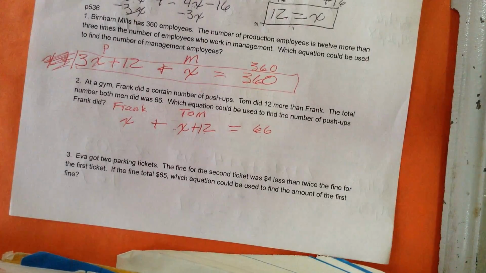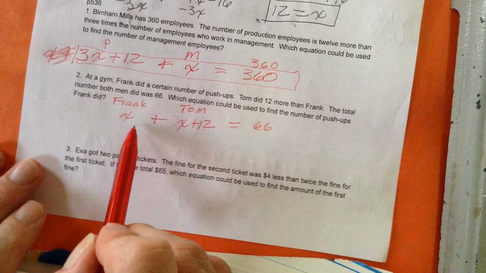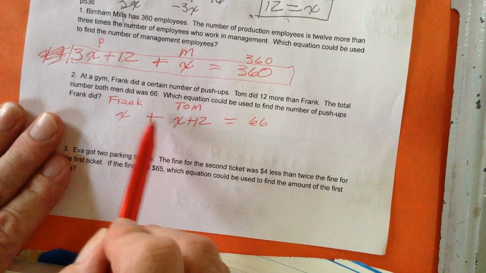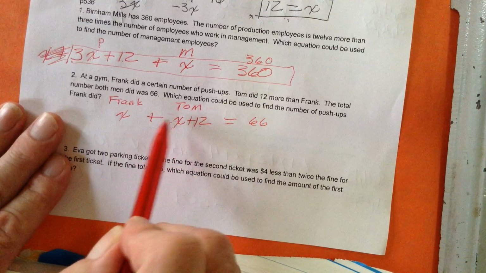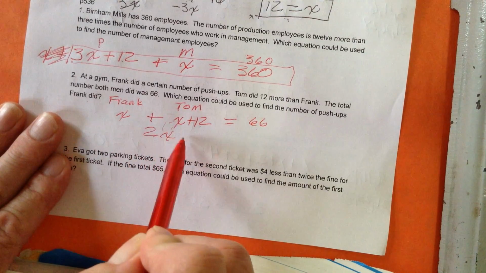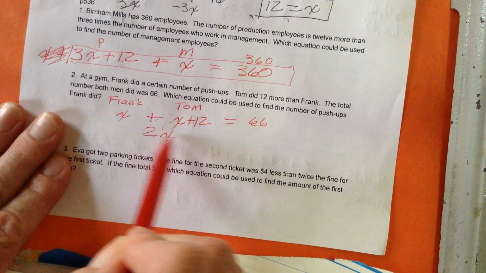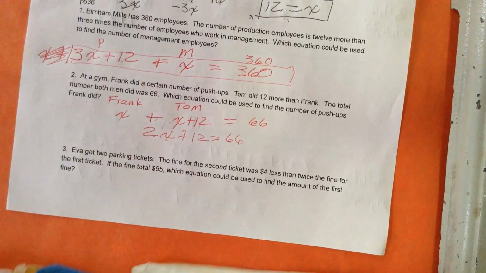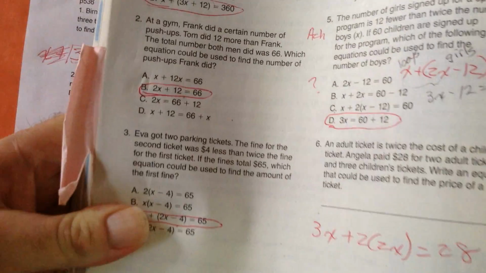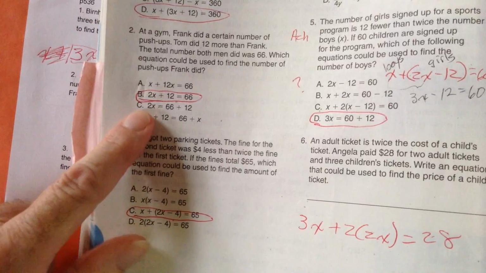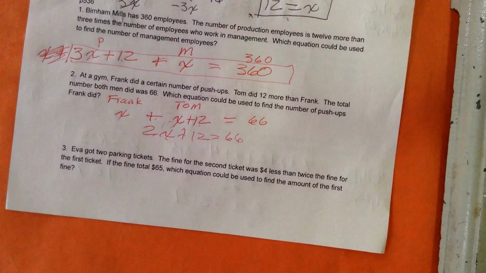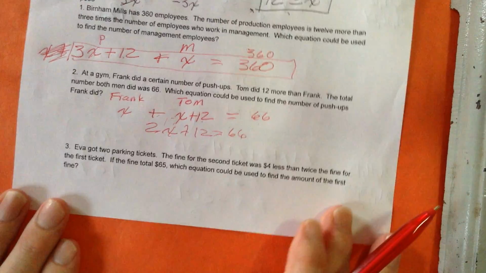Well, you have to remember from lesson, I think it was 57 or 58, you can combine these two like terms. x plus x, that's 2x, plus 12 equals 66. So that would make letter B here the correct answer. So sometimes you have to compare your answers with the choices that they give you.